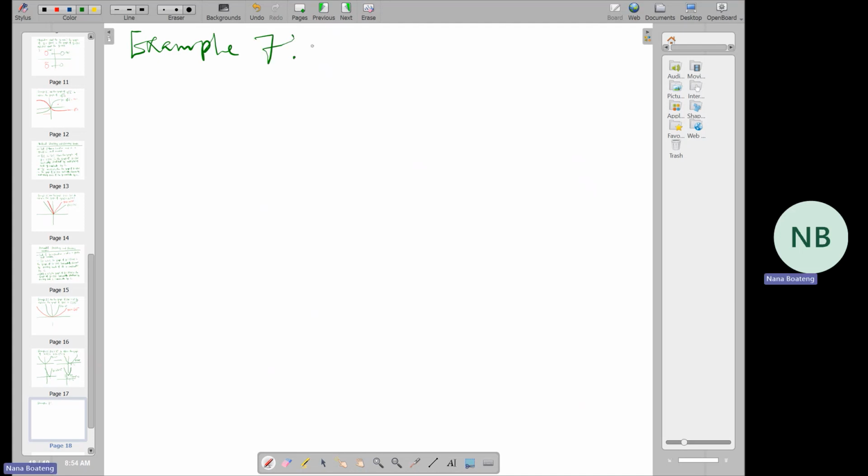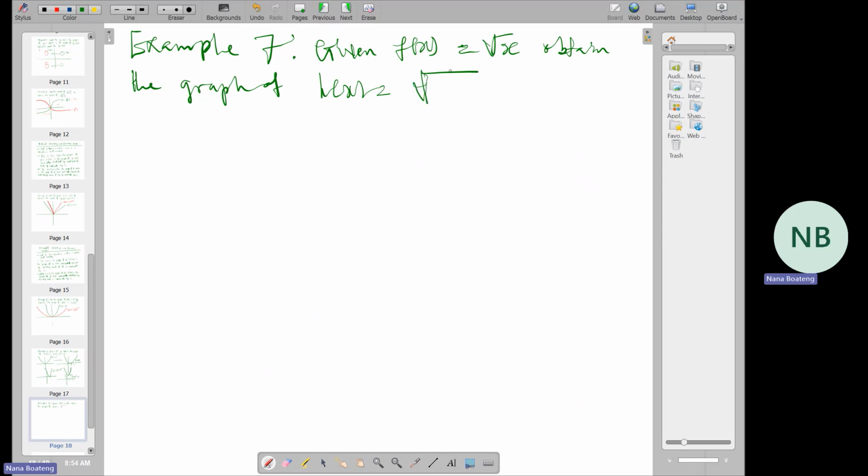And it says, given f of x is equal to the square root of x, obtain the graph of h of x is equal to the square root of negative x plus 2.